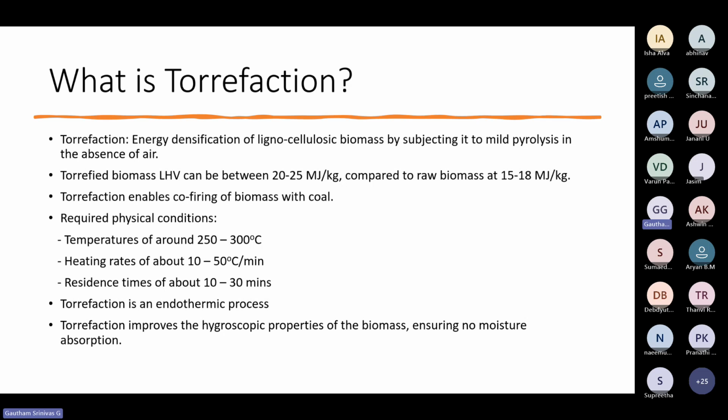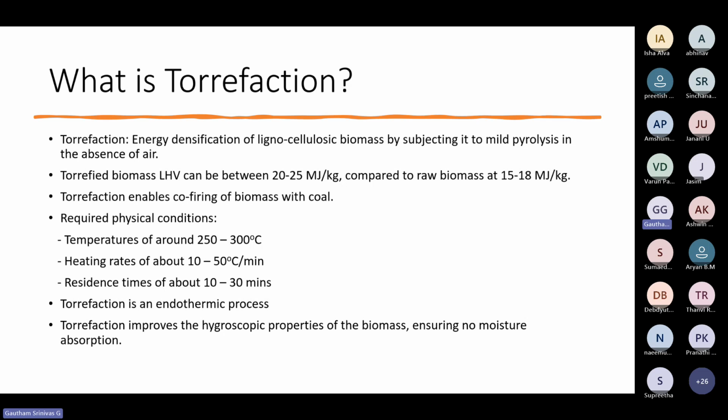In actual, we lose about 30% of the mass of biomass because, even if you consider 10% as moisture, the other 20% is volatile. So about 70% of the mass is retained, but about 90% of the energy content is retained.